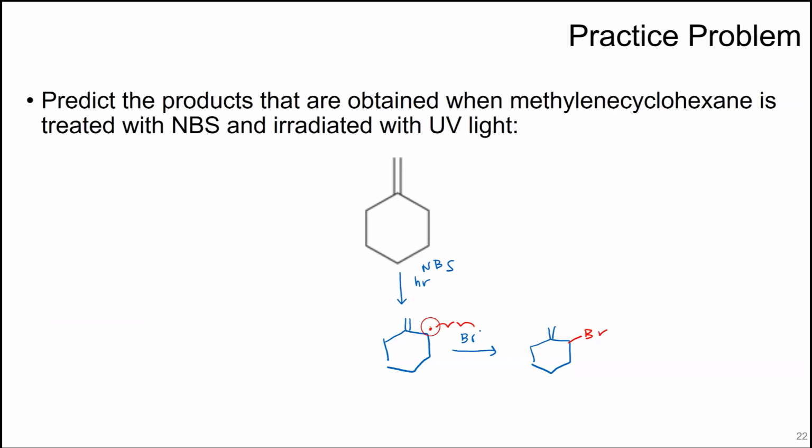And then the allylic radical is also resonance stabilized, so this electron can come here. That one goes there. And we get the Br there. So we're going to see a mixture of both of these products.